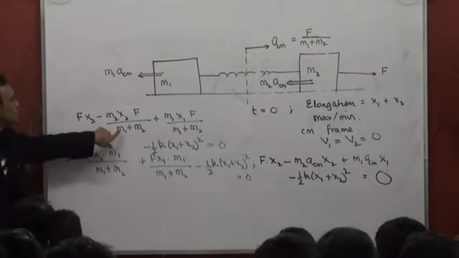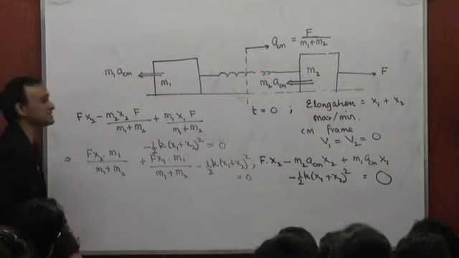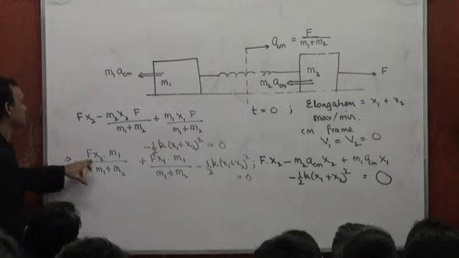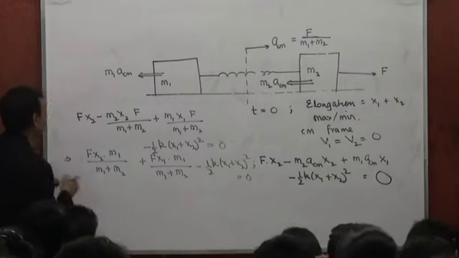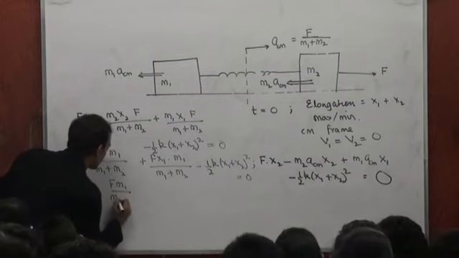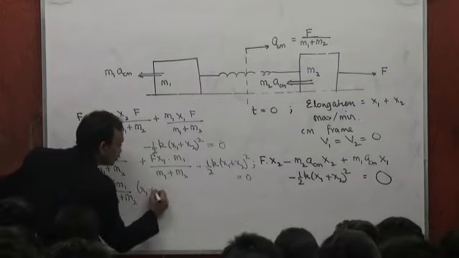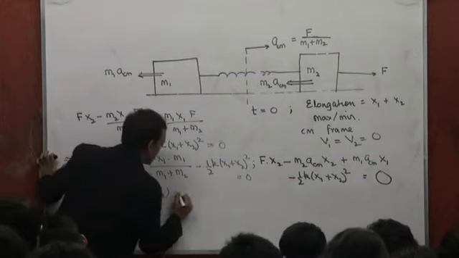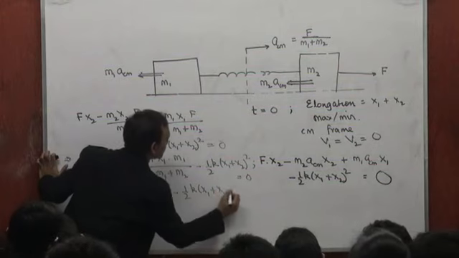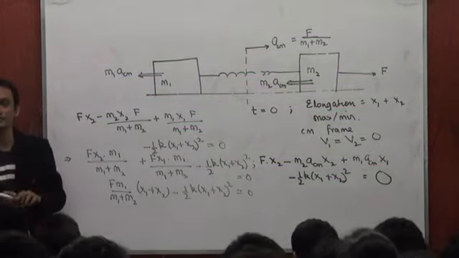See this F x2, so M1 by (M1 plus M2), then M1 x1 F by (M1 plus M2). Evidently this is F M1 by (M1 plus M2) into (x1 plus x2) minus half k (x1 plus x2) whole square. Good for us. Okay, the same thing that we got last time.